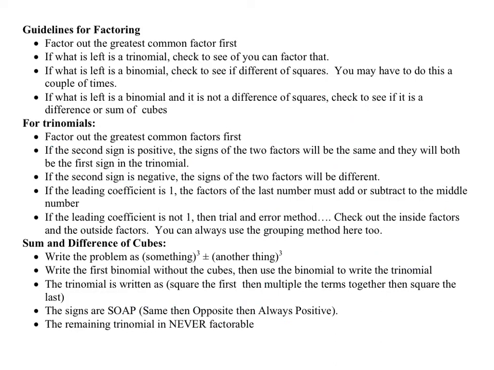If what is left is a binomial and it's not a difference of squares, check to see if it's a sum or difference of cubes. For trinomials, factor out the greatest common factor first, and then do the sign things. Check to make sure with your cradle, it will help you, and then the sum and difference of cubes. So this is kind of all laid out.